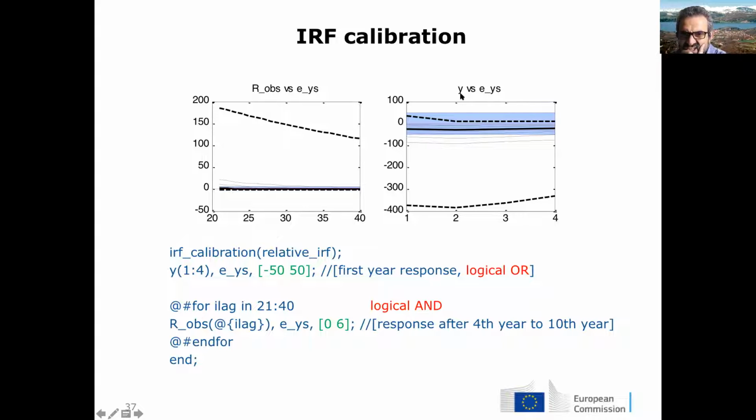This is the response of the GDP to the foreign GDP shock, the rest of the world GDP shock. These are the first 4 periods of the IRF.